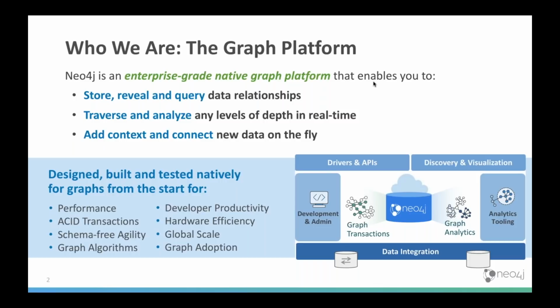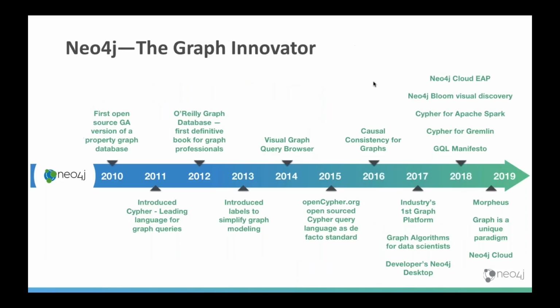But these are the main elements that come with Neo4j in what we call the graph platform. So Neo4j is the innovator in graph databases. We developed a model called the labeled property graph. We introduced that as an open source product in 2010. And when we did that, we were absolutely alone in this market.